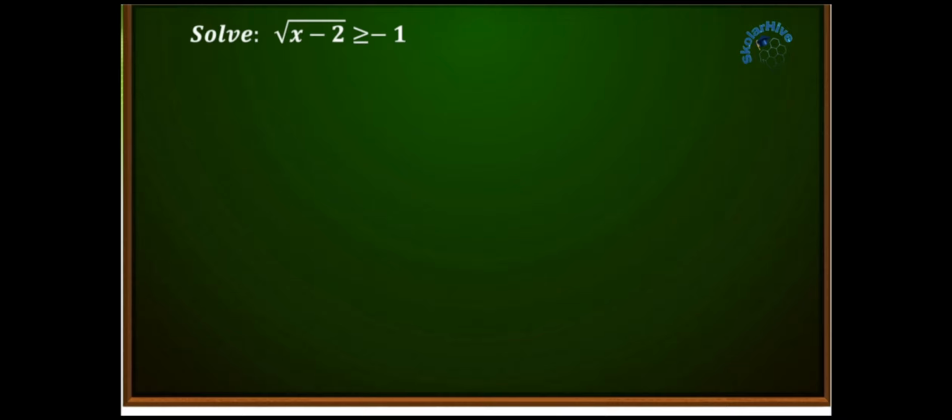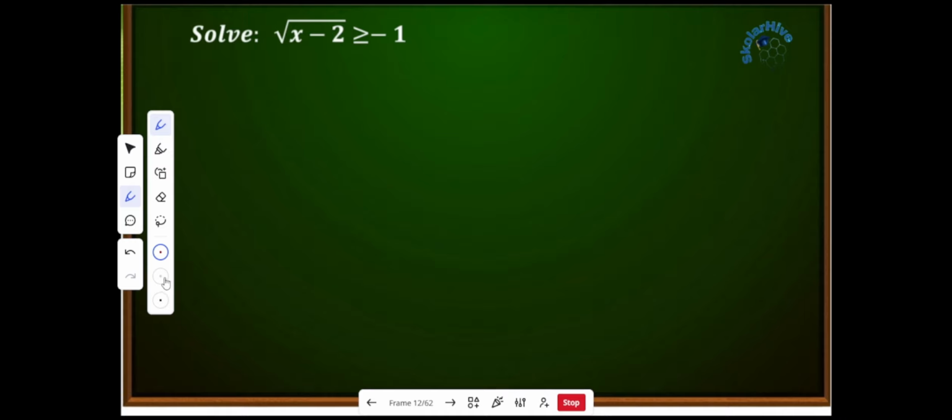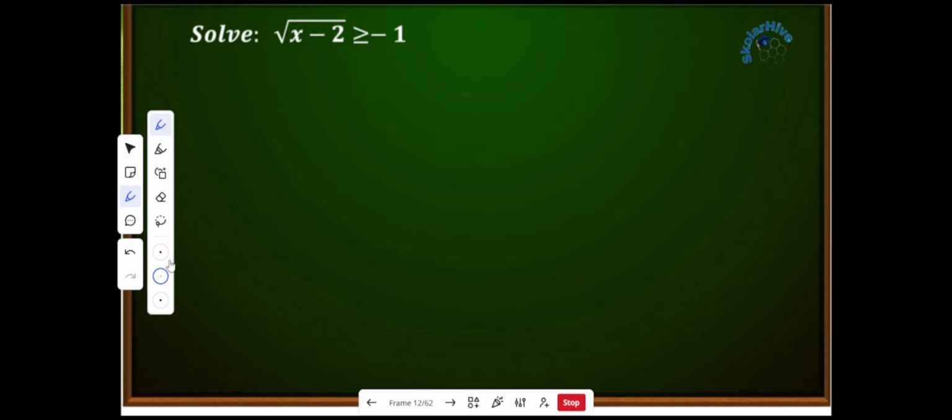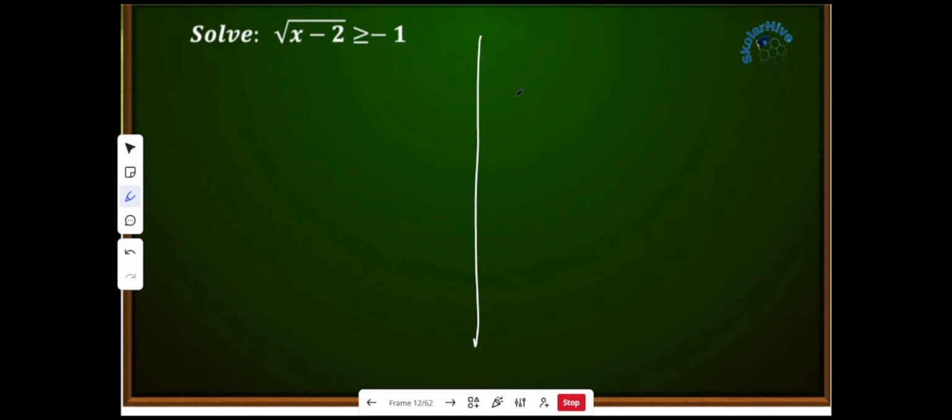We can solve this in a way, but many students will make a mistake here. They'll think, okay, by squaring both sides we can make this free from the square root.